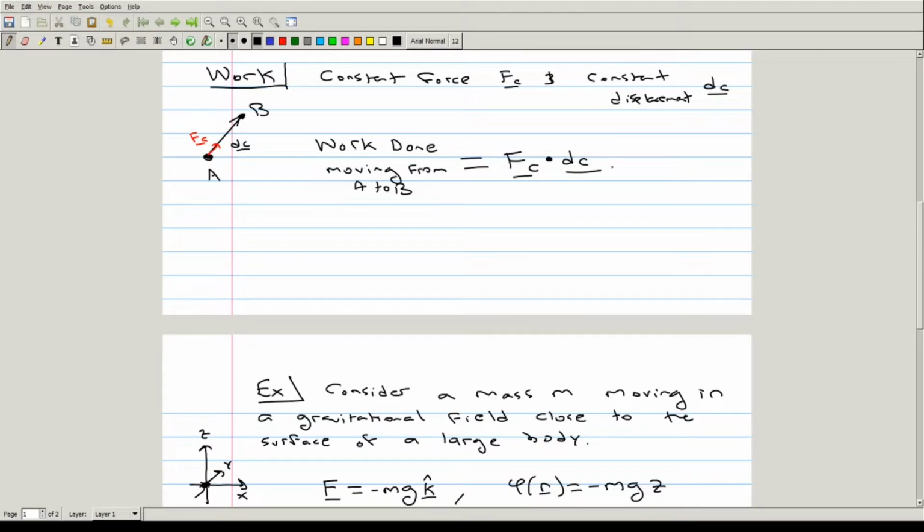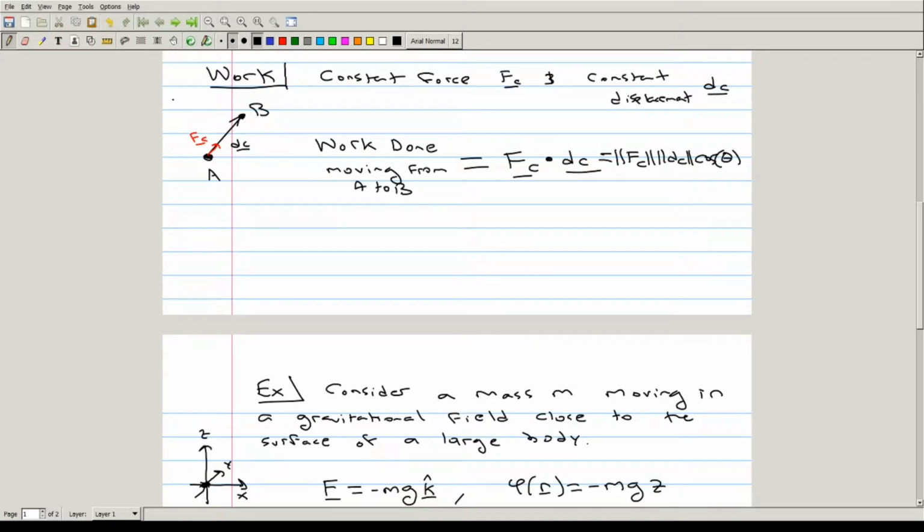And you can visualize this in a number of different ways, but perhaps the best way is to say that the dot product is the magnitude of the force times the length of DC, times the cosine of the angle between these two vectors.